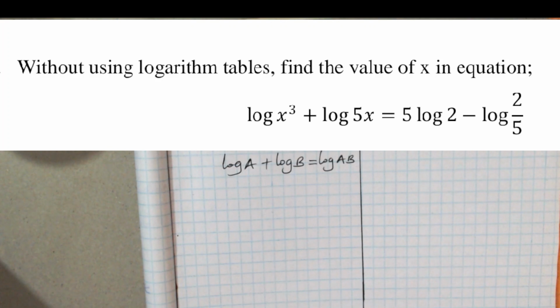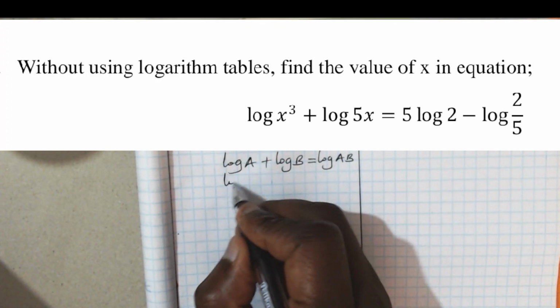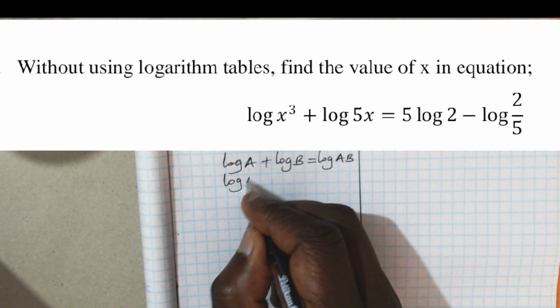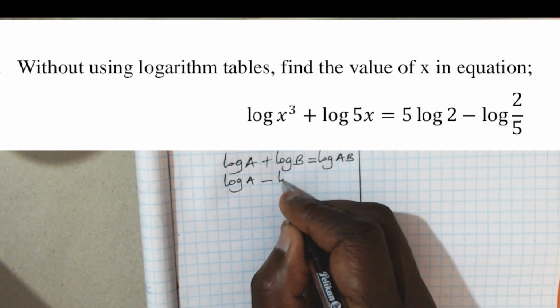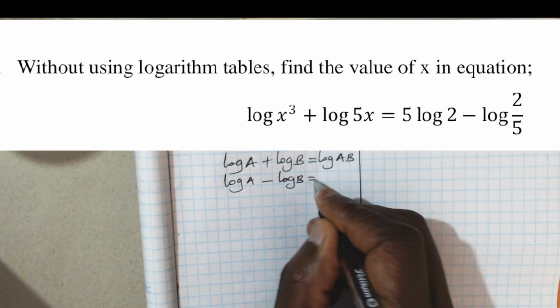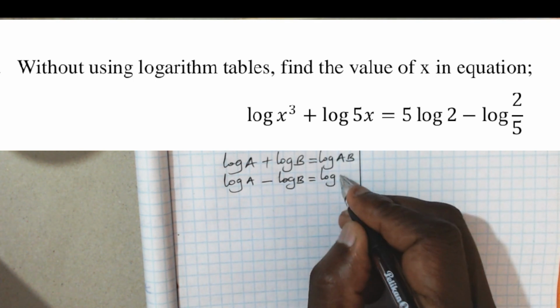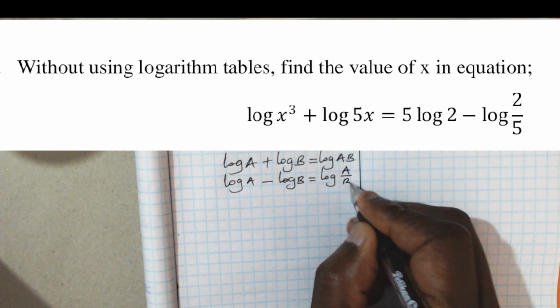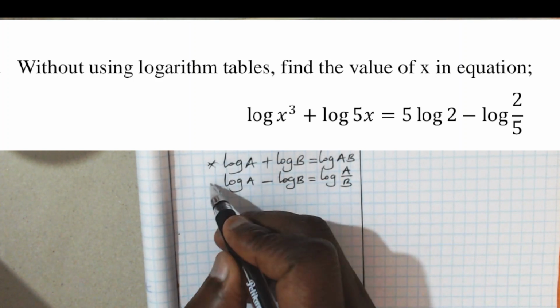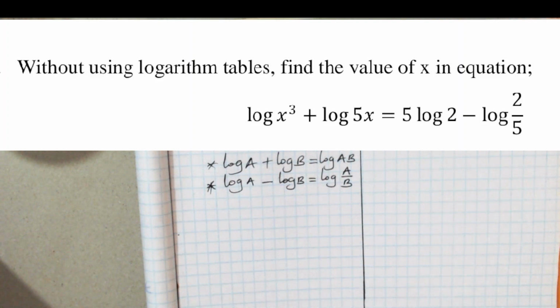On the right hand side, that is a subtraction, so you're going to use this law: logarithm of a subtract logarithm of b will be logarithm of a divided by b. So these are the two laws of logarithms that you're going to use to solve this question.